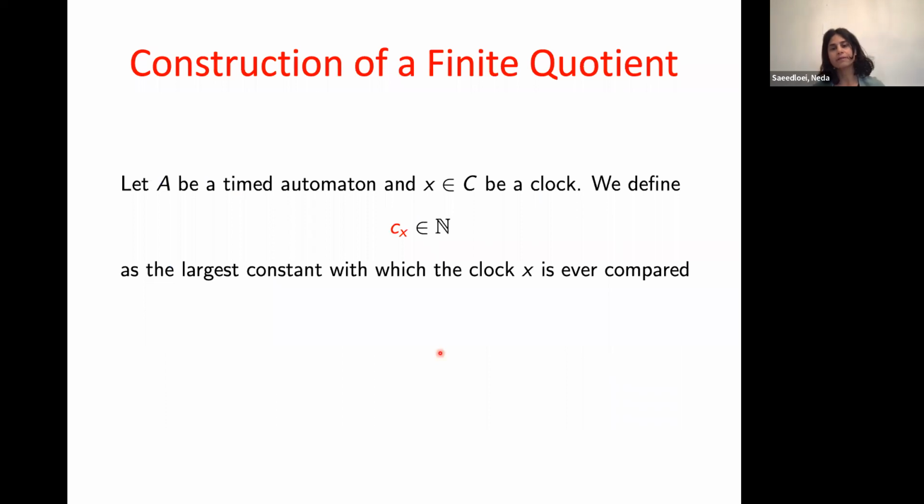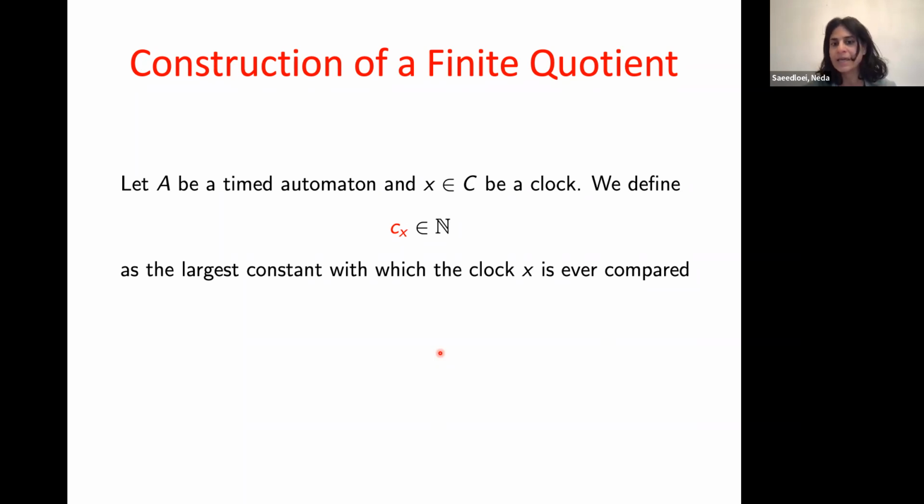Okay, so now, for a timed automaton and for any arbitrary clock in a set of clocks, we determine the largest constant with which the clock is ever compared.